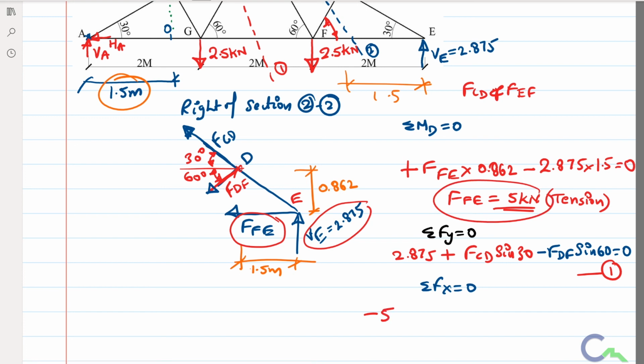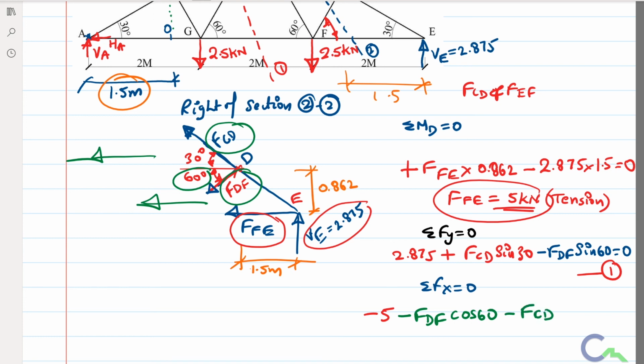FDF acts in the negative direction, therefore minus FDF cos 60. FCD resolved in horizontal also acts in the negative direction, therefore minus FCD cos 30, equal to 0.